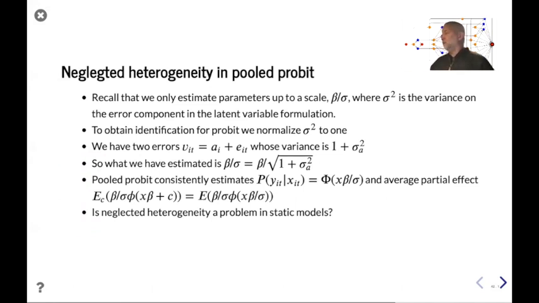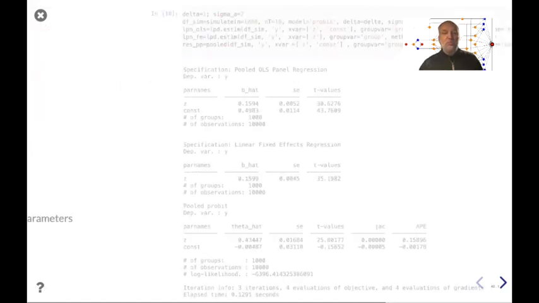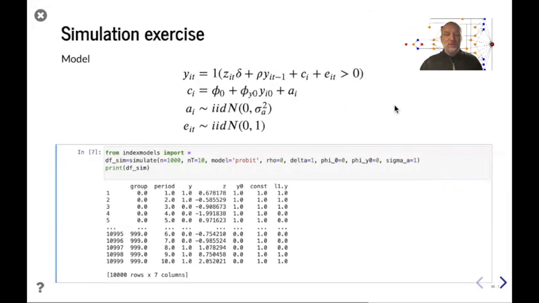So let's go back and look at what the error component was. It's c_i plus epsilon_it, and it's only epsilon that has variance 1. This one has another variance, sigma_a squared. So the joint variance is really 1 plus sigma_a squared.